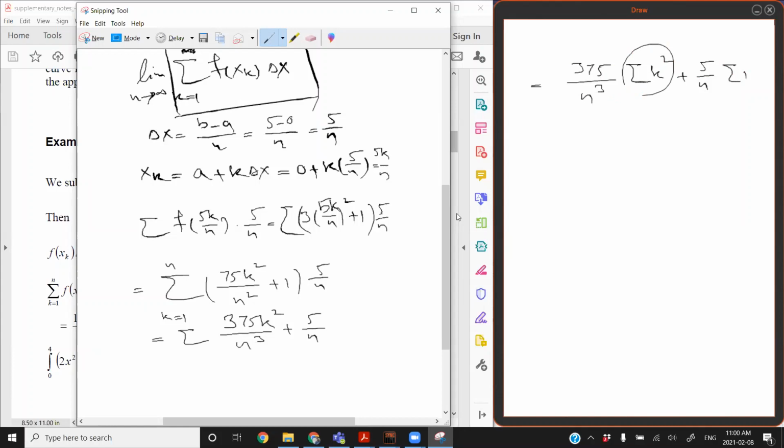This part here can be replaced with n times n plus 1 times 2n plus 1 over 6. And this here is going to be replaced with n.